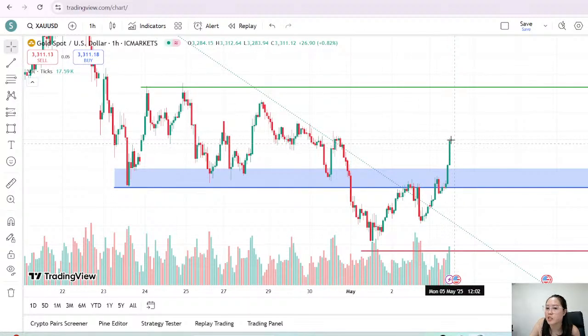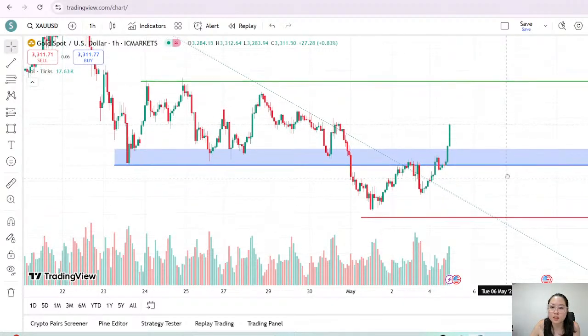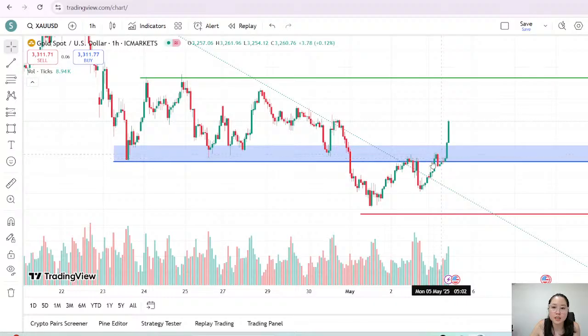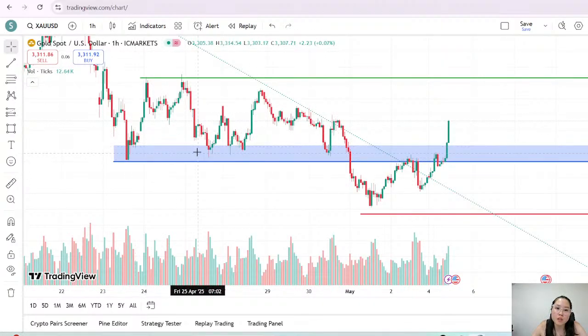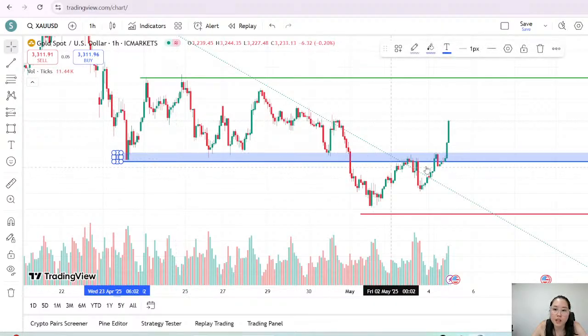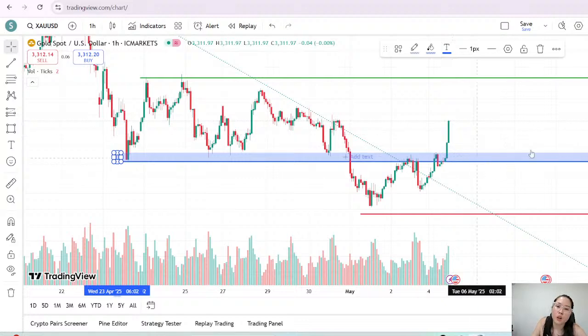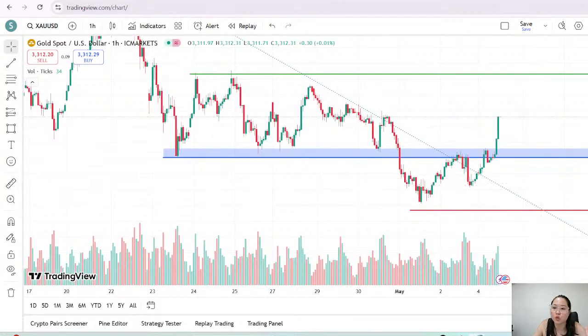It's just that price is here right now. If price comes back down, honestly, if I had charted this a few hours ago and I saw this, I would have considered a buy. Why? Because this is a very, very strong key level. And the fact that price has broken this key level shows that the volume for the uptrend is very strong right now.